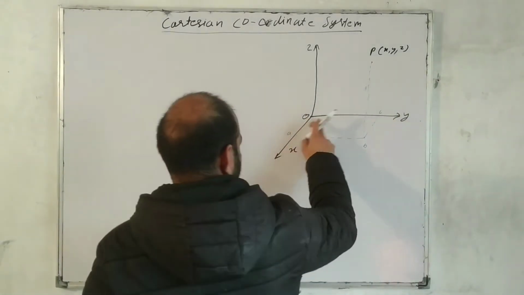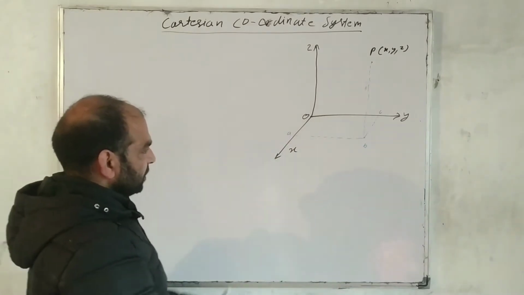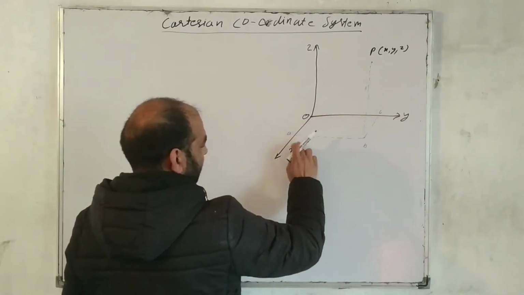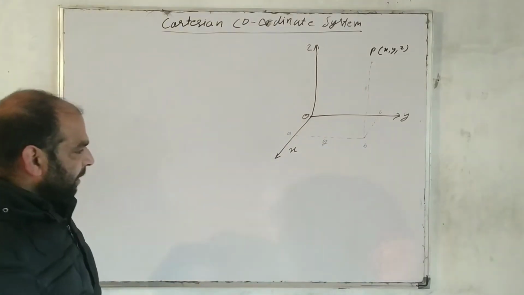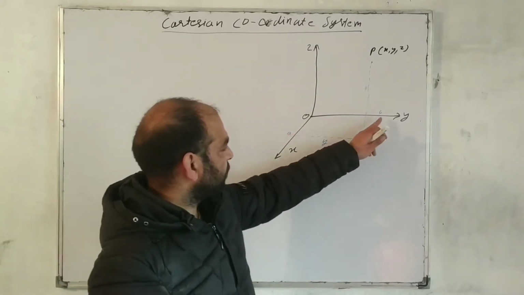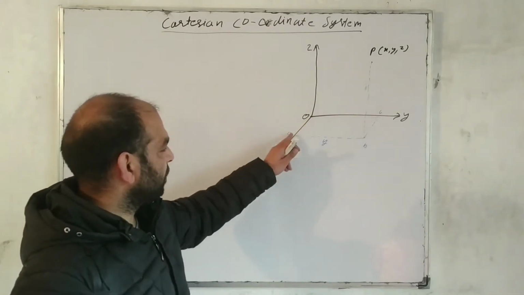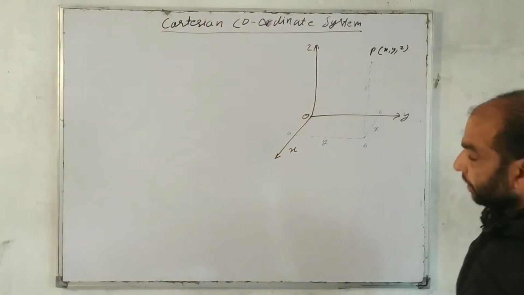So this distance OC is equal to AB. If OC is equal to y, then AB will also be equal to y. And OA is parallel to BC. If OA is equal to x, then BC will also be equal to x.